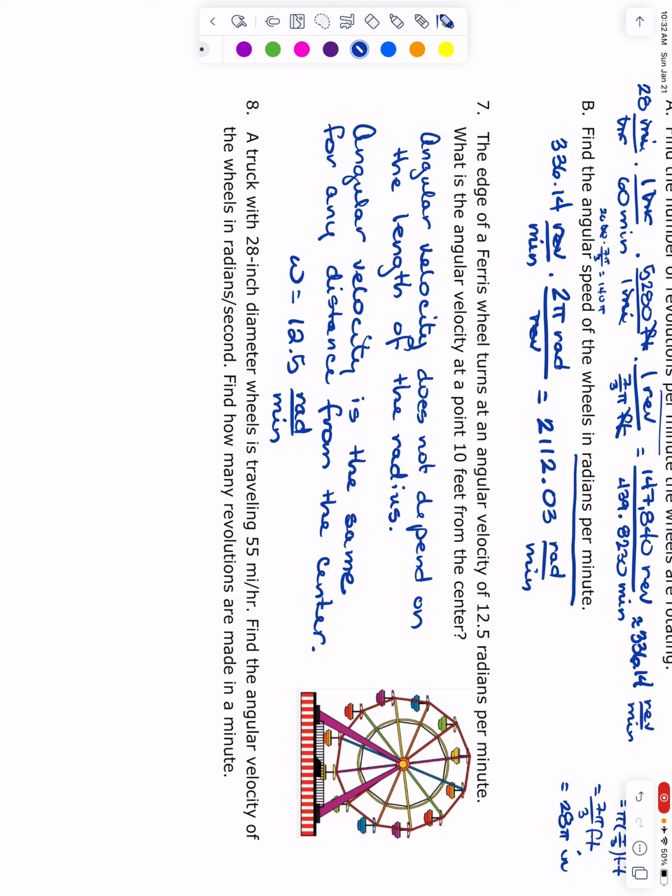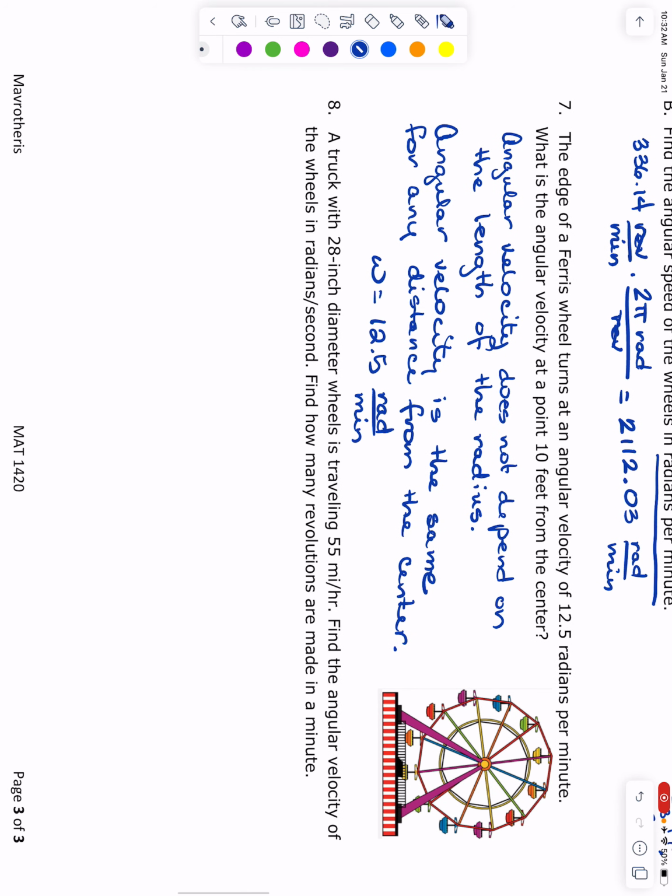Now our very last example here, 8, we got a truck with a 28-inch diameter wheel. Weird, same as the diameter above. Traveling 55 miles per hour, find the angular velocity of the wheel in radians per second. Radians per second. So again, I am going to start with my 55 miles per hour.